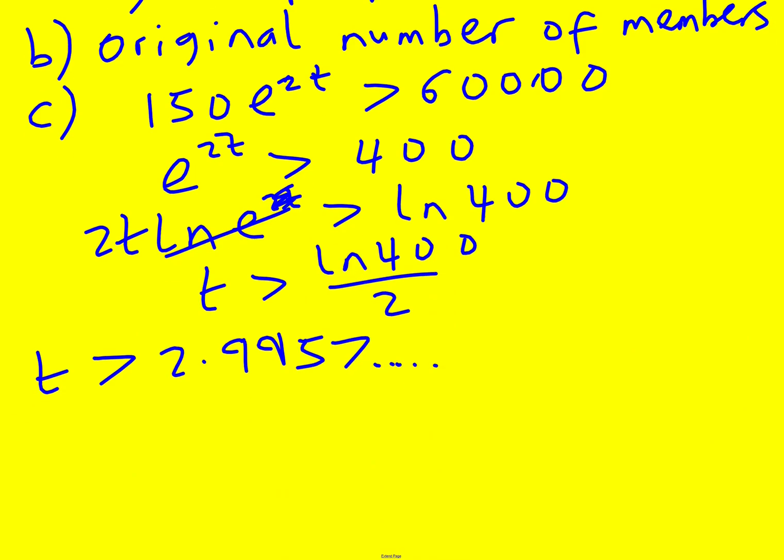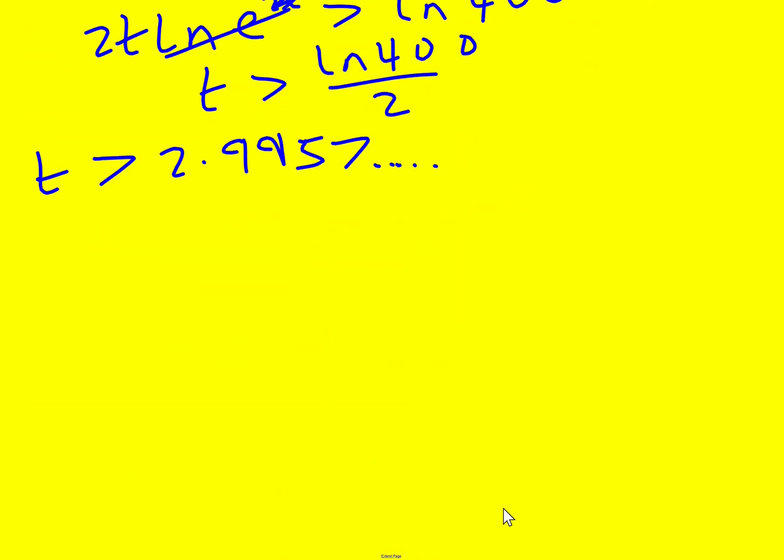But I'm just going to say that in the mark scheme, it then said 3 weeks is the final answer. I personally think if you say at the end, right at the end of the second week, then that would be okay. But the answer is looking for 3 weeks. It wants the weeks to be a discrete amount.